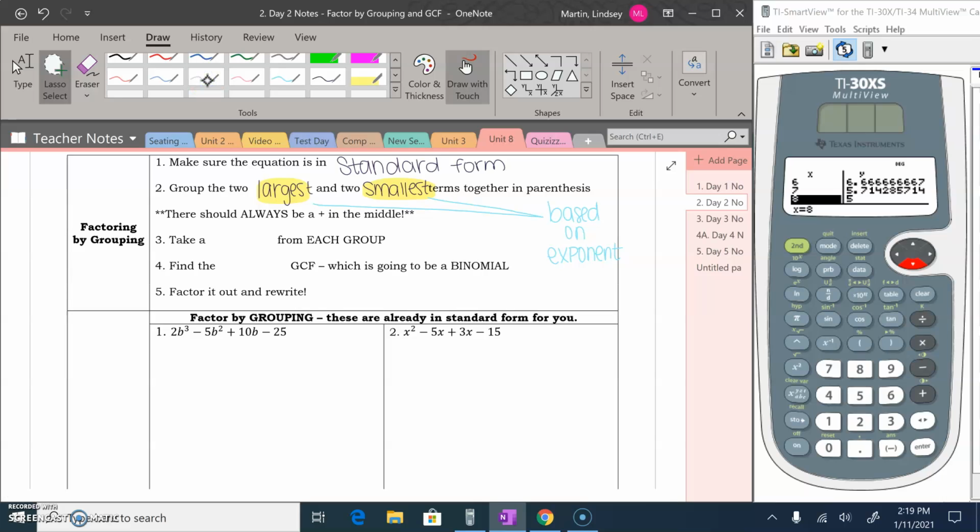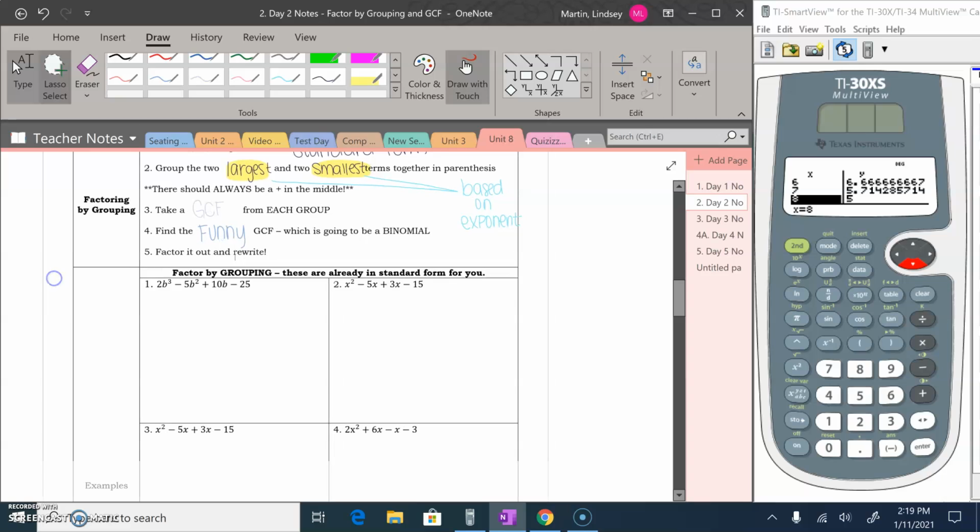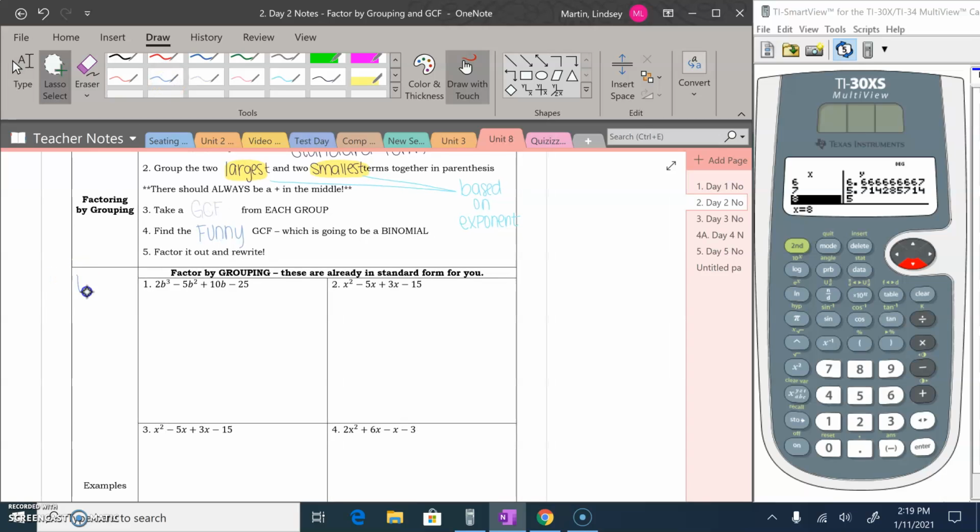Next, we will take a GCF from each group, and then we'll find the funny GCF, which is going to be a binomial. Factor it out and rewrite. So, in basic steps, we're going to check for order.